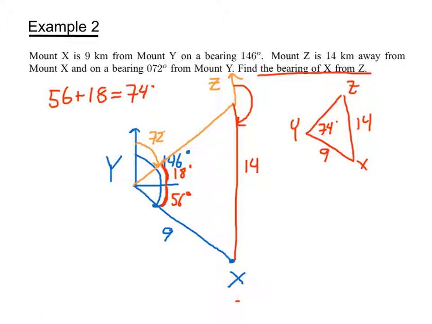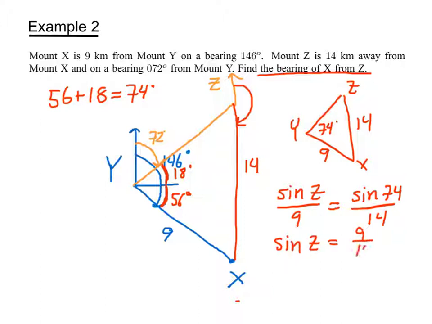So let's set up the sine rule to solve for that angle. We'll call it the sine of z over 9 equals the sine of 74 over 14.